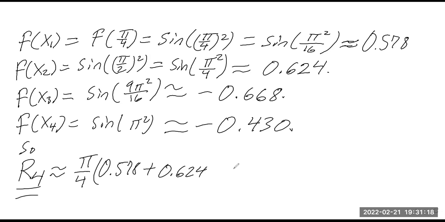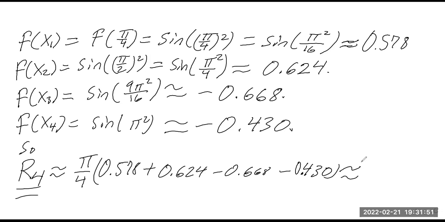And so now I just plug in my approximations. That'll just make it a bit clearer. Now we just put in the approximations. And we do this all in our calculator. So we're going to take this 0.578.